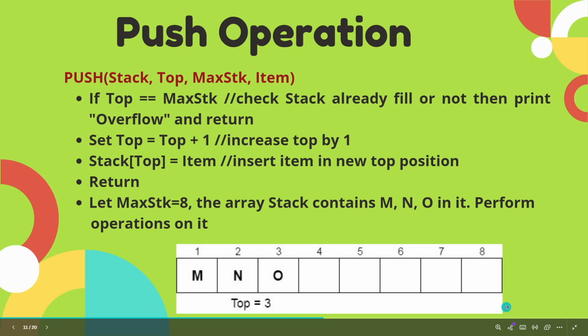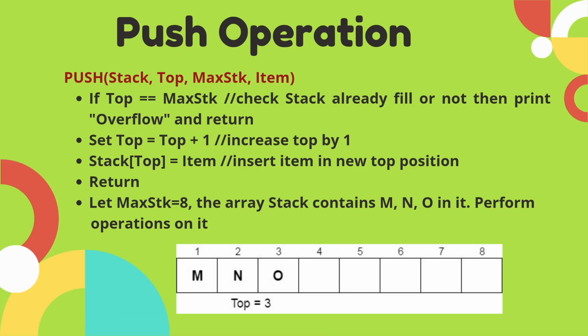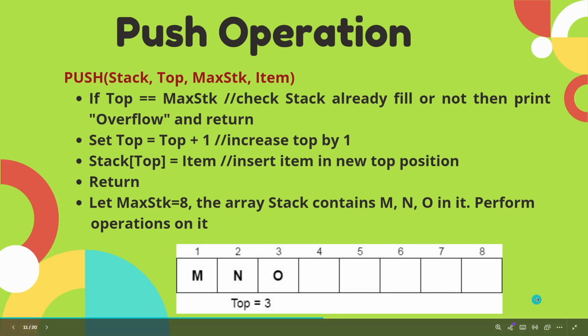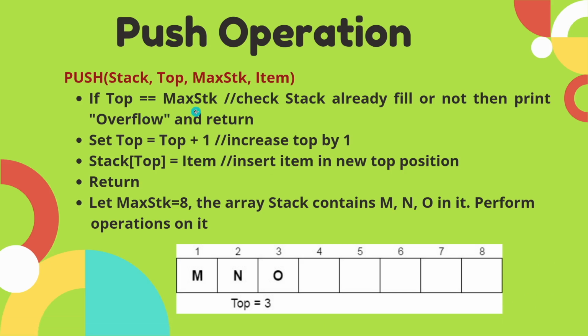As of now, the stack contains 3 elements M, N and O, and the topmost element of the stack is O, so the value of top is 3. The number of elements in the stack is also 3. The maximum capacity of the array is 8, so the variable max stack should have a value of 8.